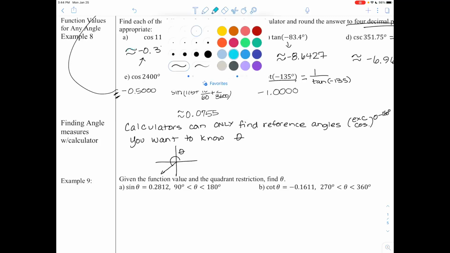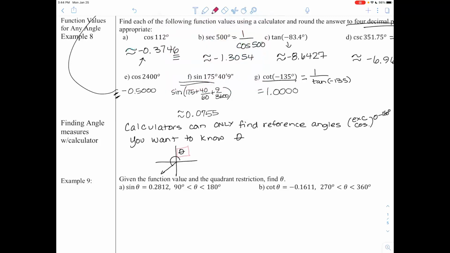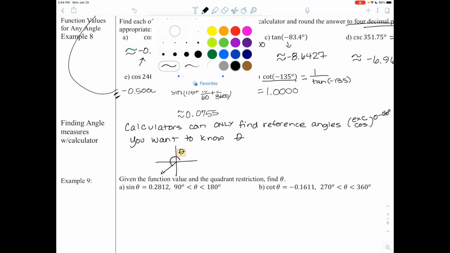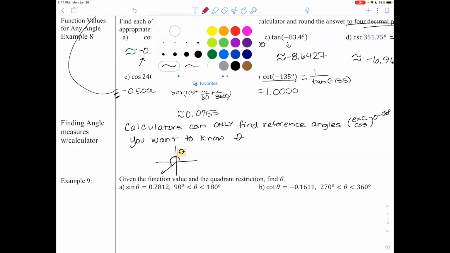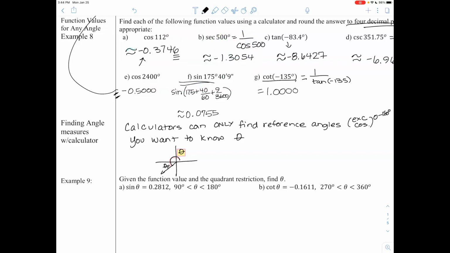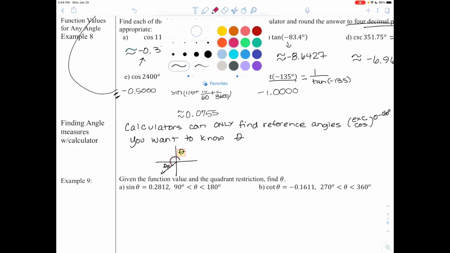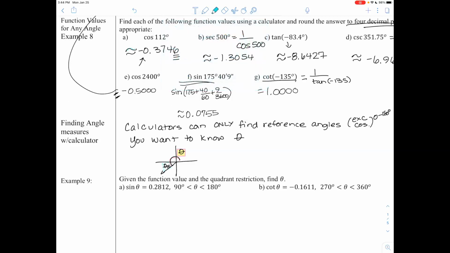So if you want to actually know what theta is, then the calculator is only going to give you a reference angle. It is only going to give you theta reference. It's just going to tell you 40 degrees or 35 degrees.